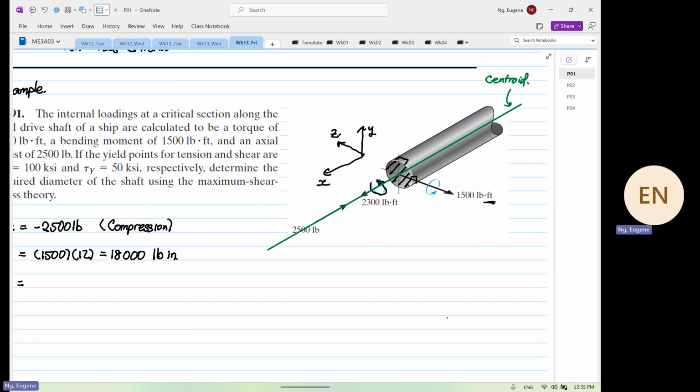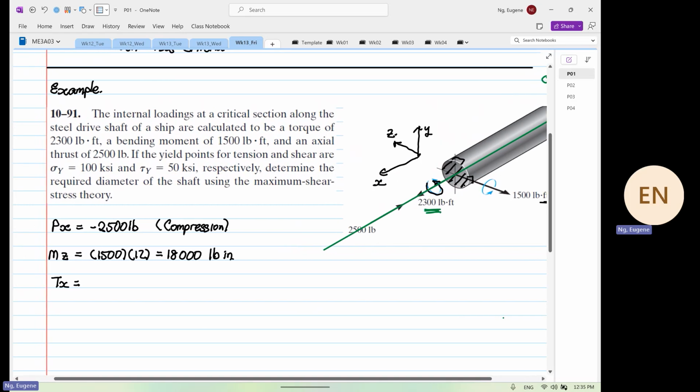Remember, the centroid is relative to the element of interest. When the 2,300 pound-feet of torque is applied, we see it's rotating, it could be a moment. No, it's a torque. When it's a torque, the green line will not deform at all. The green line is still the same. So this is a torque.